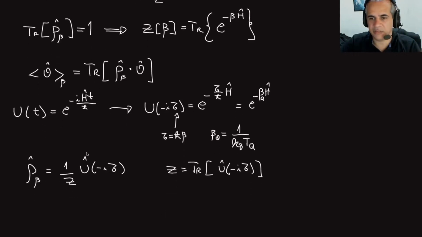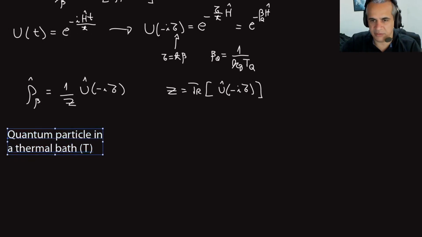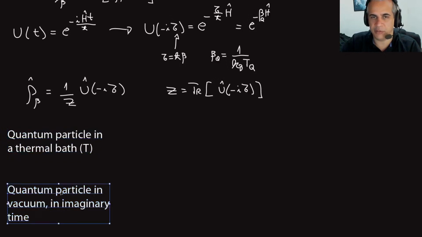So to make things clear, what I'm saying here is that I have very similar descriptions for two apparently different systems. One is a quantum particle in a thermal bath at temperature T. Another one is a quantum particle in vacuum. So there's no temperature at all.